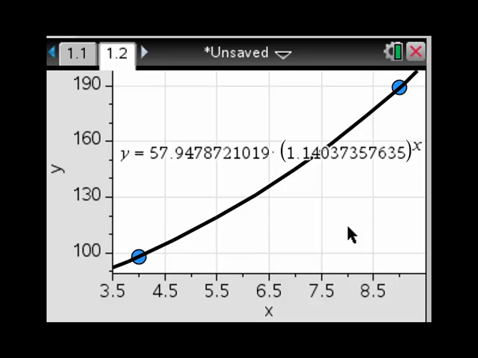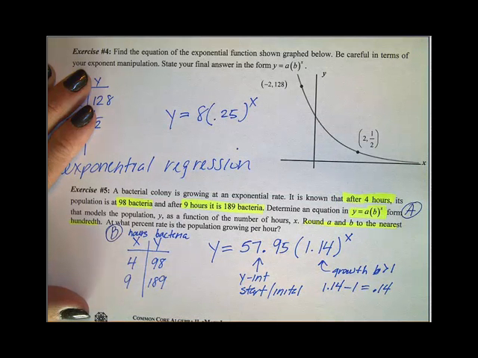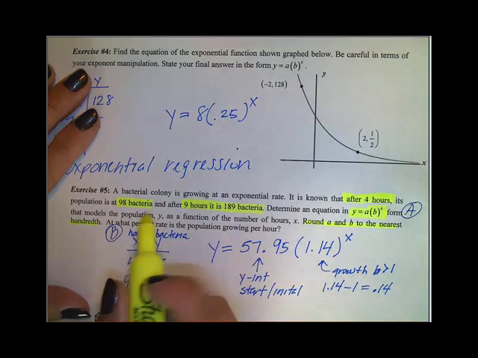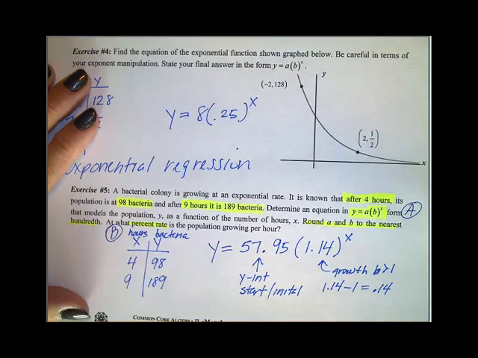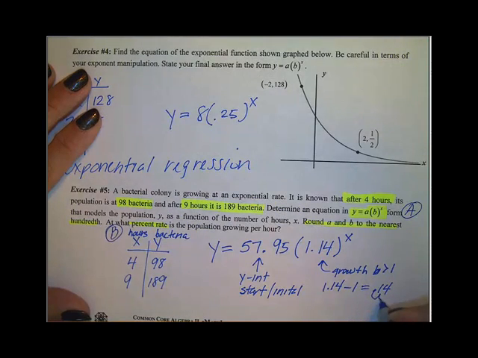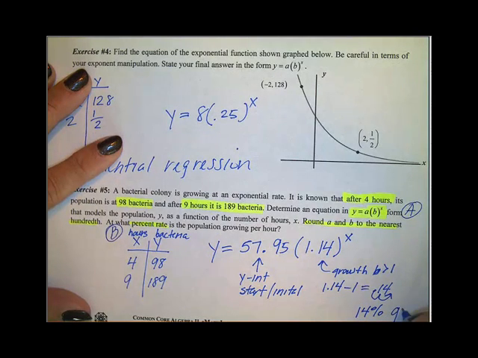Now, 0.14 as a percentage rate, so I probably should have highlighted that. Percentage rate. I need to move the decimal over too. So it's a 14% growth per hour.